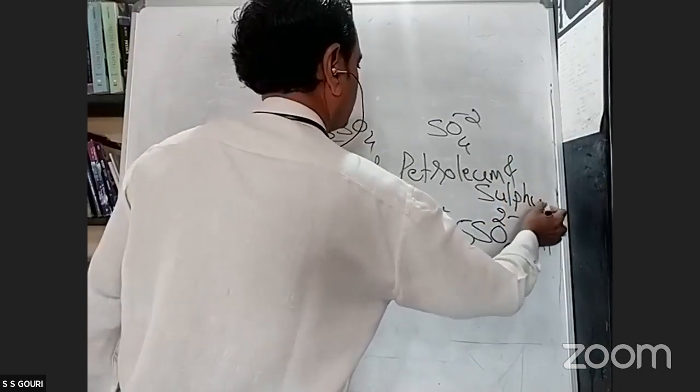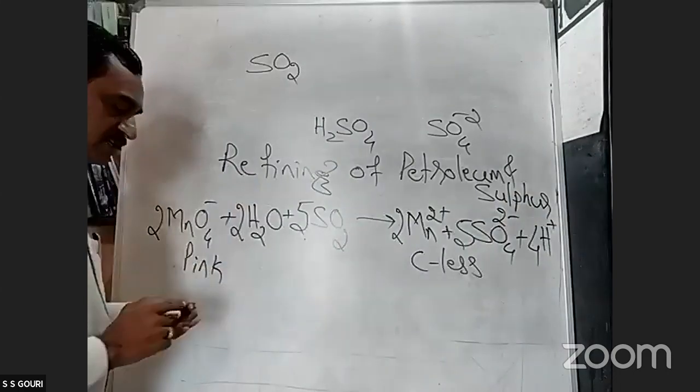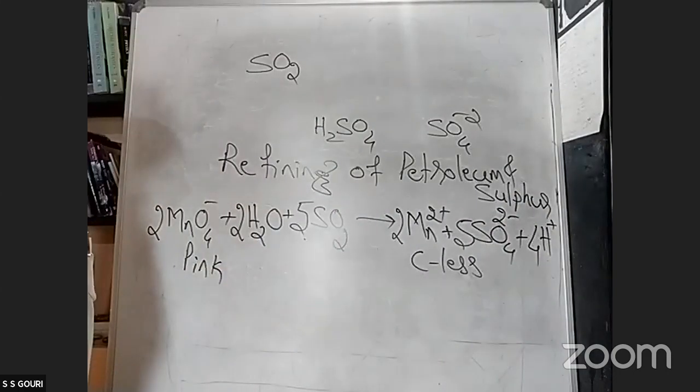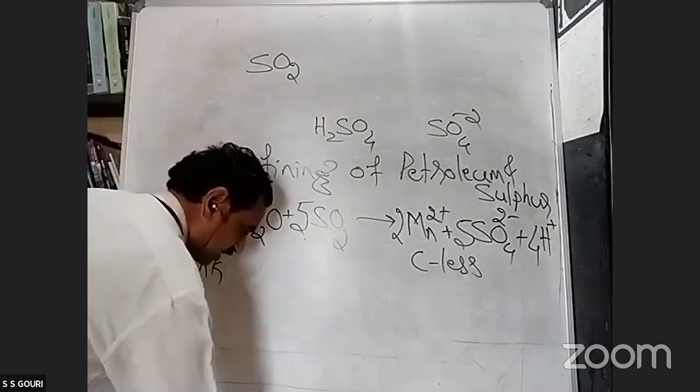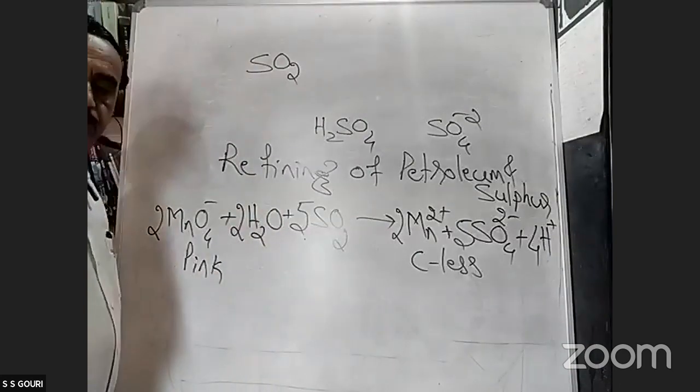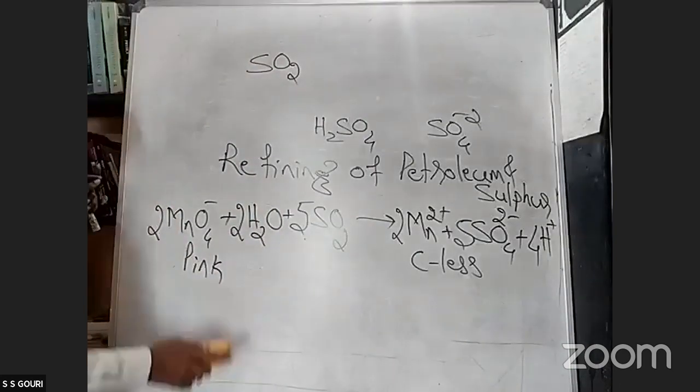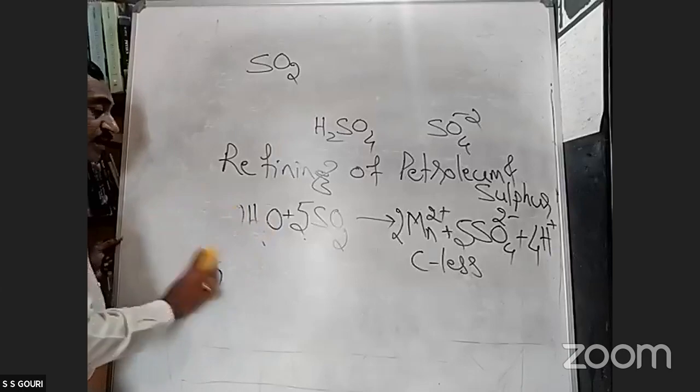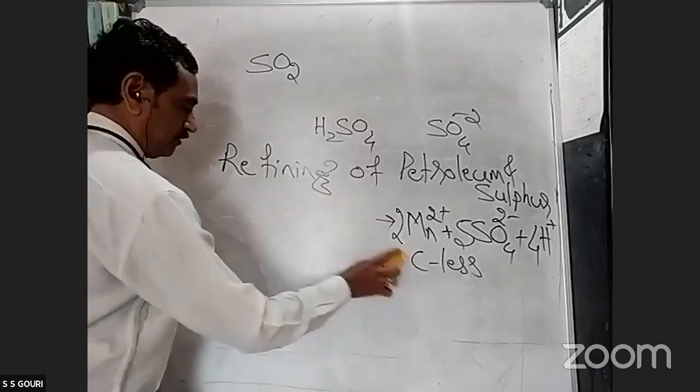Refining andre purification. ಈಗ metal extraction ಒಳಗೆ ಬಂದಿರ್ತಾವ. Refining of metals means removal of the unwanted impurities present along with the metal, crude metal, not the ore.